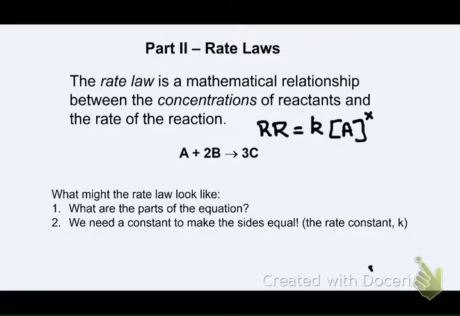Times the concentration of the other reactant, I'll just call it Y. A lot of times they use M and N because I get tired of seeing X and Y all the time, but whatever you want to stick up there is fine. So that's what a rate law looks like. It's the reaction rate. K is known as the rate constant, and it's what makes that into an equal sign.